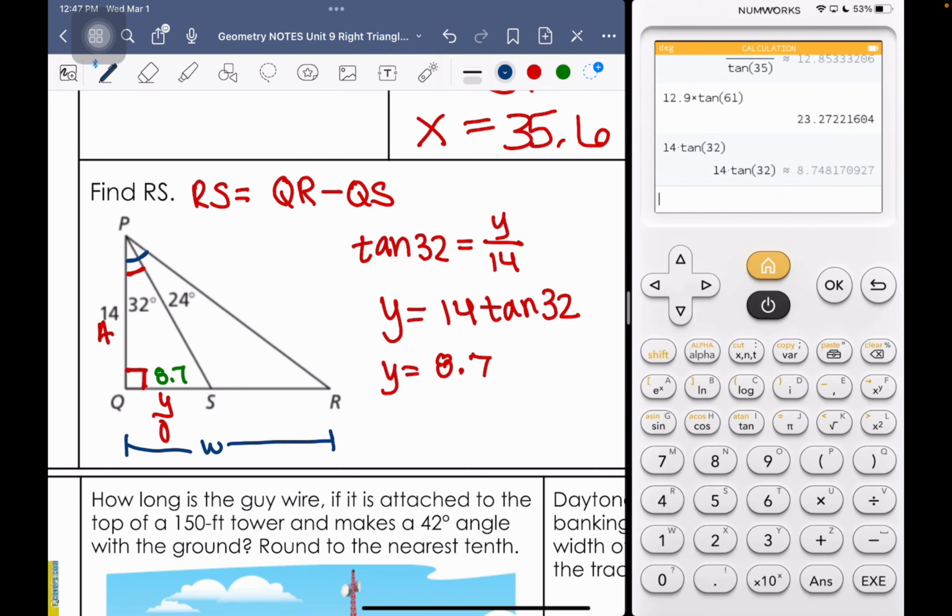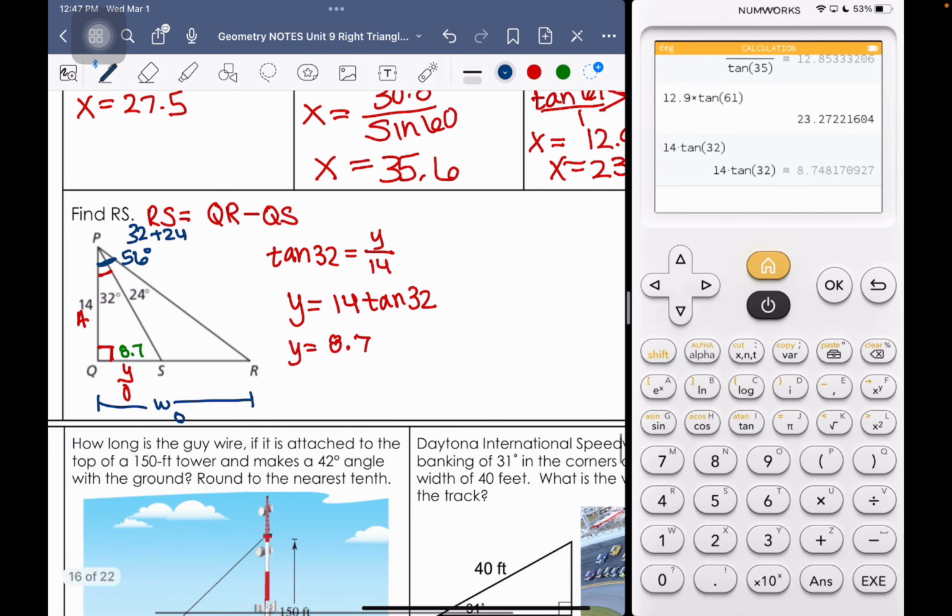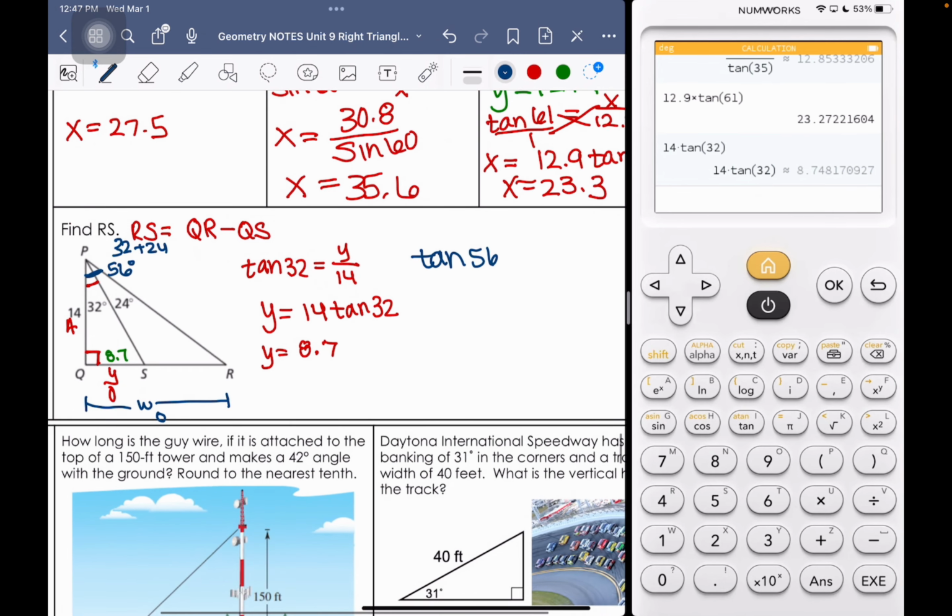Now we're going to find this whole length, and we'll call this W. That means we're going to use this entire angle. So 32 plus 24 gives us 56 degrees. So this whole length is opposite, and we still have an adjacent. So now tangent of 56 is equal to W over 14. So W is equal to 14 tangent of 56.